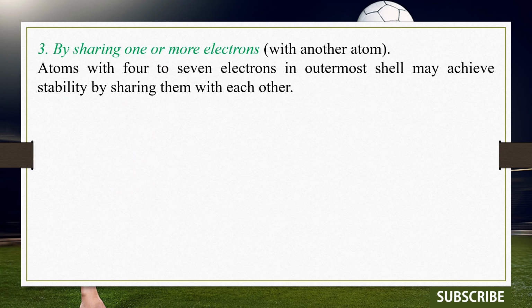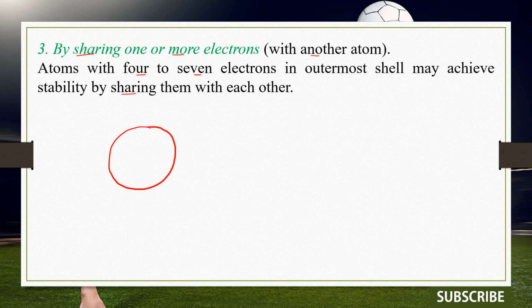The third way is by sharing 1 or more electrons with another atom. So still, atoms with 4 to 7 electrons in the last energy level can do so by sharing electrons. Let's take an example of chlorine. We are sketching the outermost energy level of chlorine.